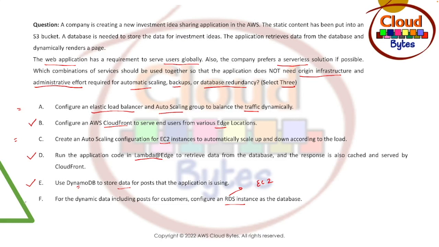So it's not highly scalable because there is a limit to that particular EC2 instance. So this is not going to be an option. Even though these three options can make a solution, it is not automatic scaling. It is not meeting all the additional requirements that this question requires. So my answer will be B, D, and E for this particular question.